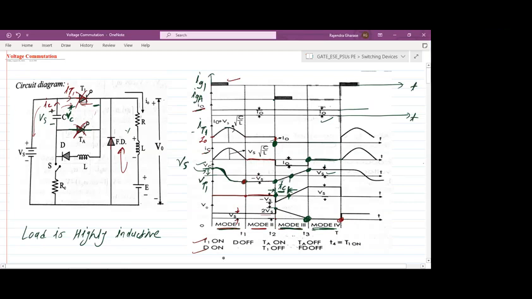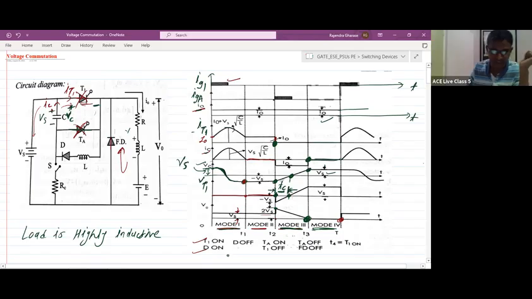Sir, another doubt. In mode 3, you said IC equal to minus I naught. How minus, sir? Because IC is also flowing through the load only, no? Then how will minus come? Actually, we consider the positive direction for IC as the upward direction.